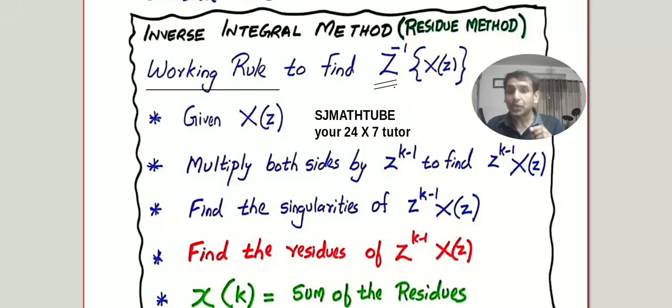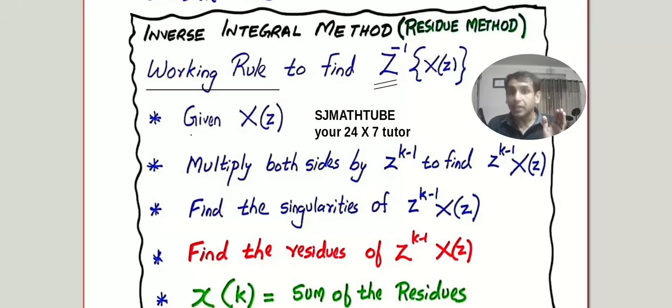And like I told you, one of the best applications of the Z transform is solving difference equations. And when you solve a difference equation, eventually you'll reach a step where you have to take the Z inverse. And at that point, this working rule will be very useful for you.